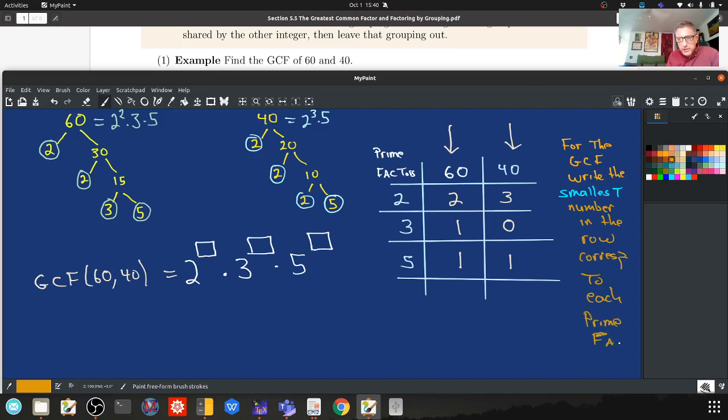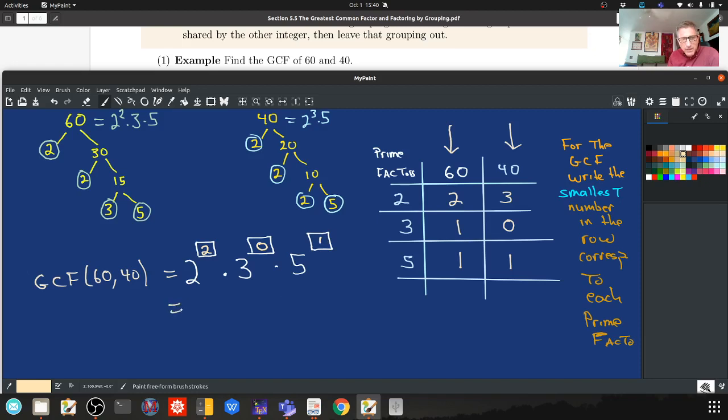So this is for the GCF. So for the GCF, our exponents, well, the smallest number in the row corresponding to my 2 is a 2. The smallest number in the row corresponding to my 3 is a 0. And the smallest number in my row corresponding to 5 is a 1.